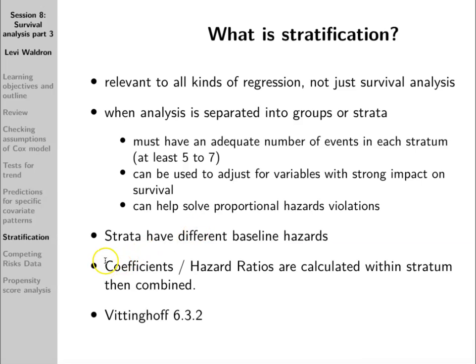The whole thing about how this is done in survival analysis is that the coefficients and hazard ratios are calculated within stratum and then combined. And no matter what kind of regression you're performing, the essence of it is that your analysis is performed independently in each stratum and then combined across all of the strata.